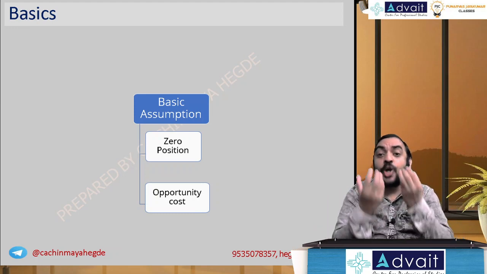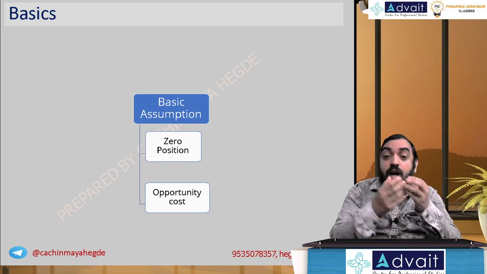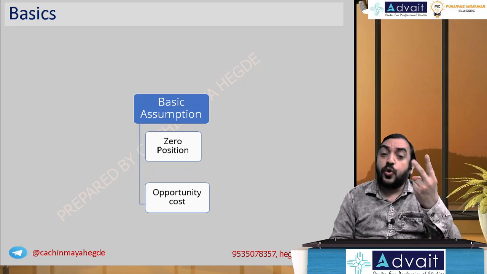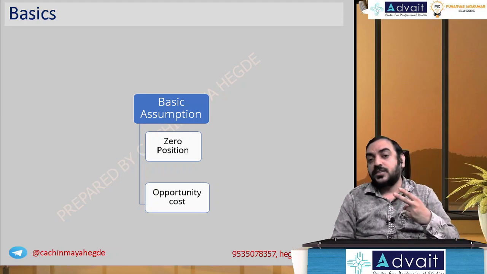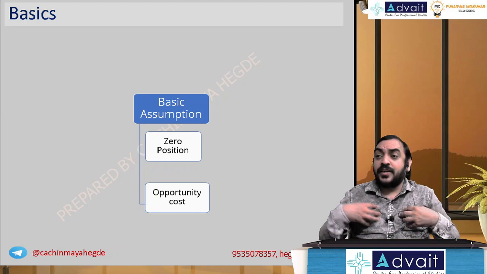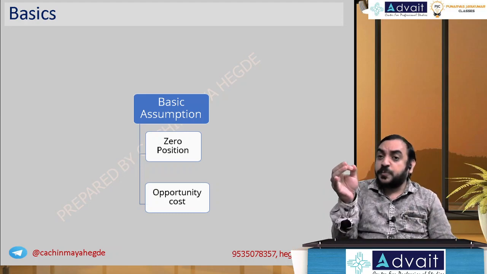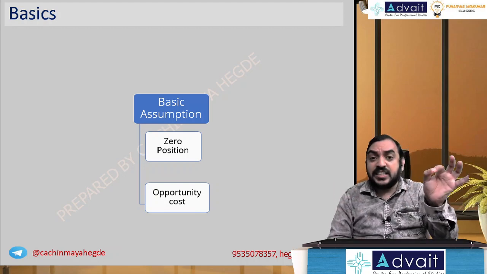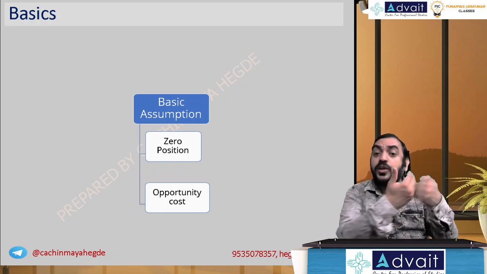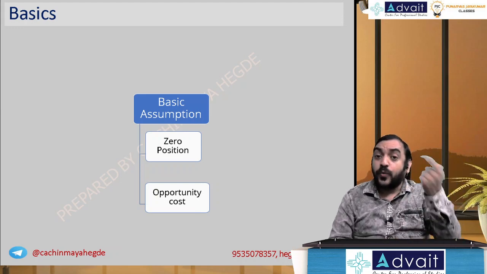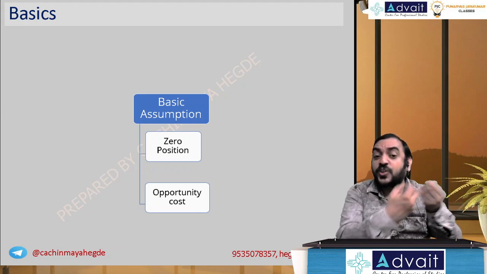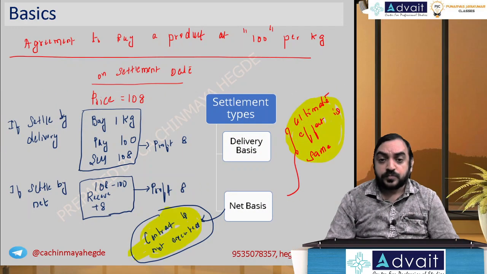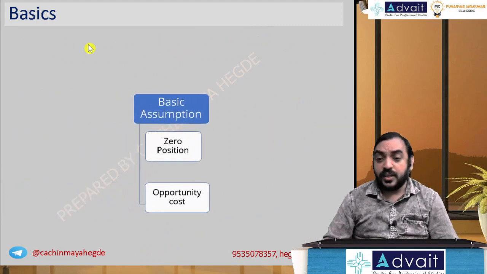So if I am valuing an option or futures, I should consider that borrowed funds will have a cost, and own money will also have a cost. If I'm investing my money in a fixed deposit, I expect 6% return. If I'm investing in equity shares, at least that 6% should come to me because I take more risk there. Whether it comes or not is secondary, we are focusing on expectations. That's what is meant by zero position or opportunity cost.